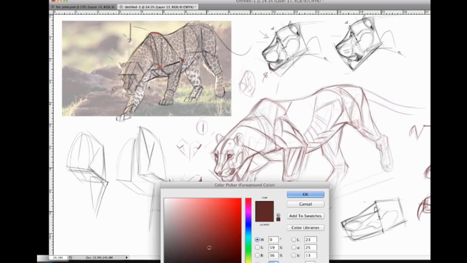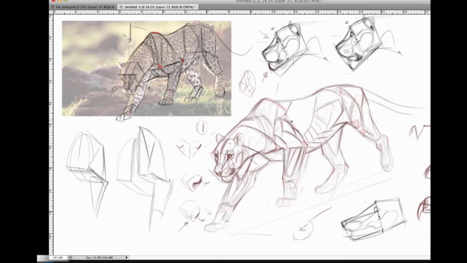I'm going to draw in blue right here, just to help you simplify. I sometimes think of oval masses to find where my round areas are and where my straight areas are.